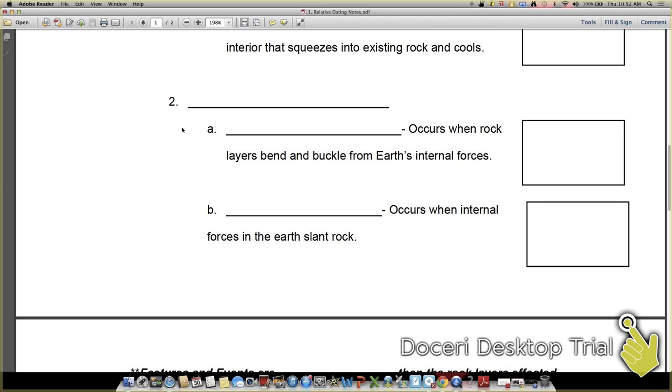Again, at times, rock layers lay about the earth in an undisturbed form, but sometimes there are internal forces that cause the rock layer to bend. What is that called?